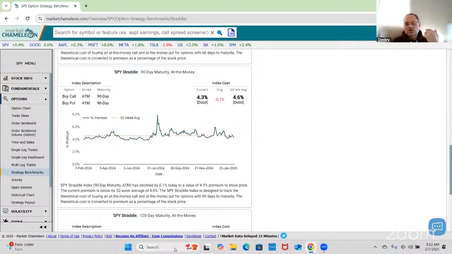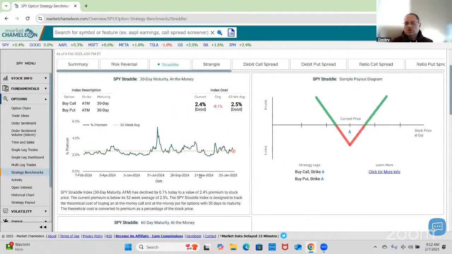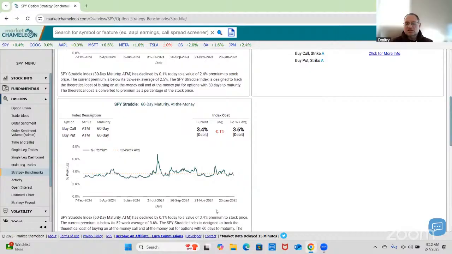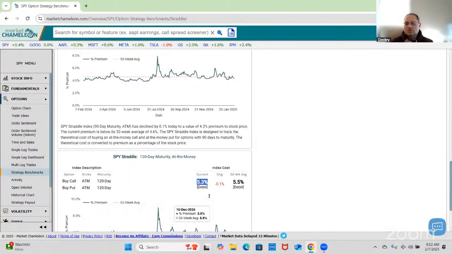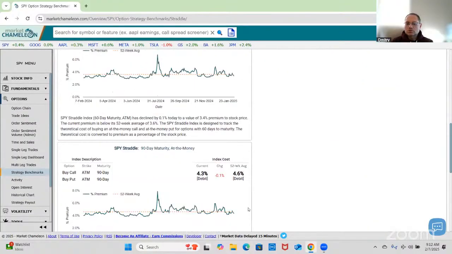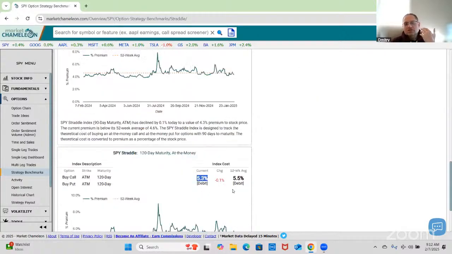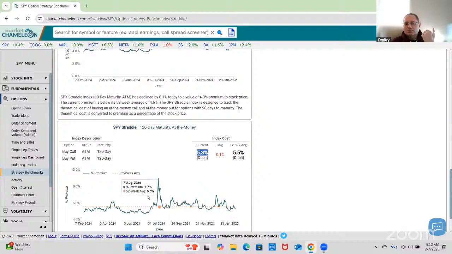So from 90 to 120, that's a 1% increase again. Okay, so it seems like almost for each 30 days you're adding another percent in cost, which seems close to that historical average. And again, here we see how these performed in the past.